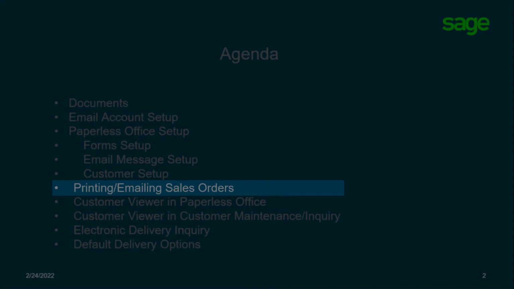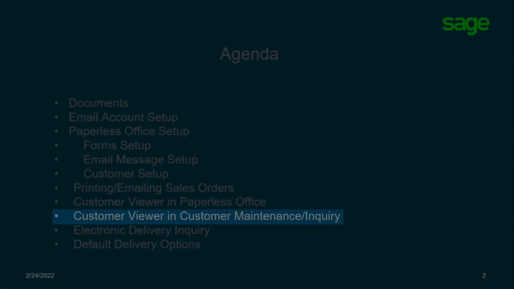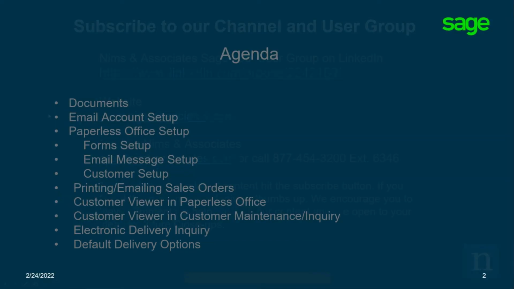We did a demonstration of how to print/email the sales orders. And then I showed you the customer viewer, both in Paperless Office that shows all of the customers, and then the customer viewer in customer maintenance or inquiry that just shows the documents for that specific customer. And then we took a look at electronic delivery inquiry and default delivery options.